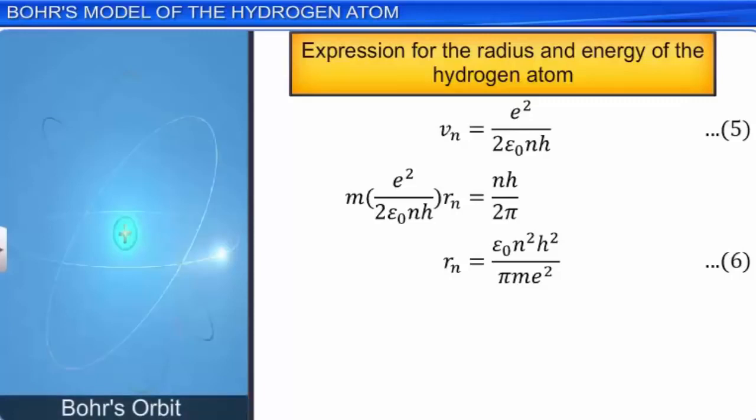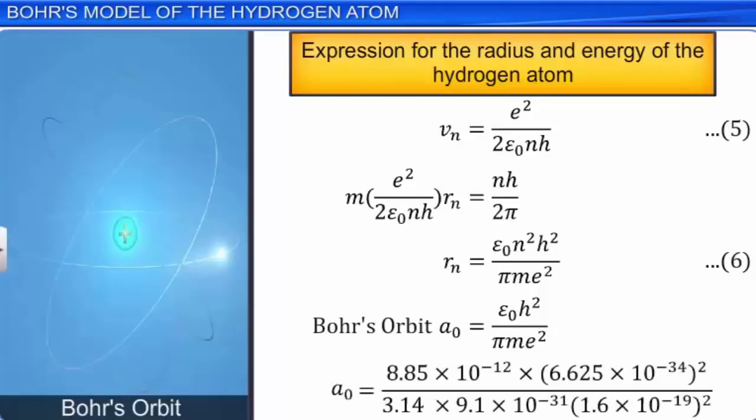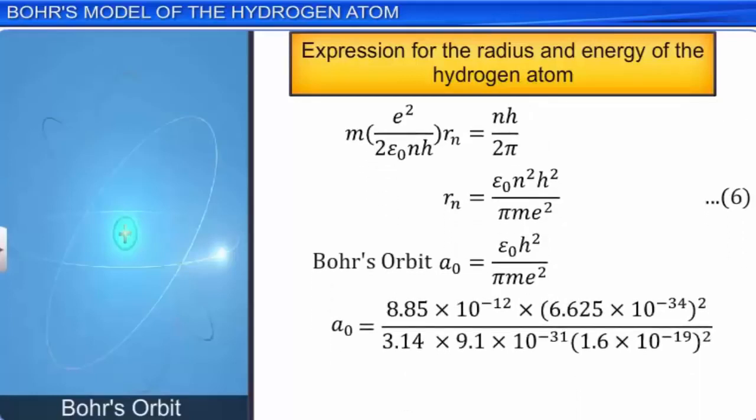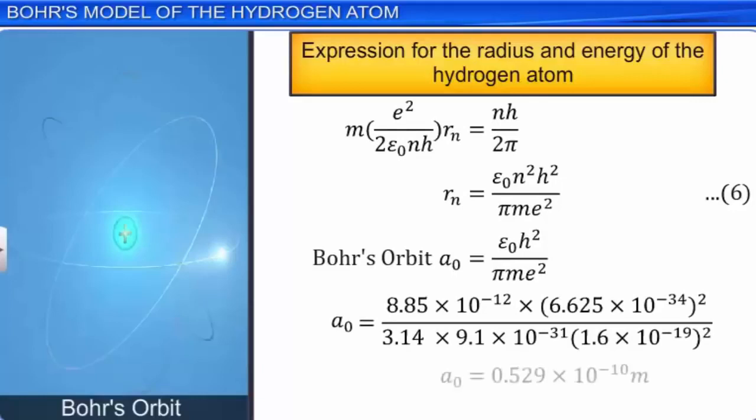Substituting the value of Planck's constant h, epsilon naught and the magnitude of the charge of the electron e, and simplifying, we get a0 = 0.529 × 10^-10 meter, which is equal to 0.529 angstrom. From equation 6, it is clear that the radii of orbits are directly proportional to n square.